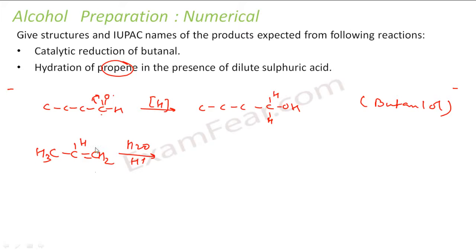The Markovnikov rule says that the carbon with the least number of hydrogens will add OH. So here this carbon has the least number of hydrogens, right? So here you'll add OH, here you'll add H. So what you get is CH3, CH with OH, and CH3. This is my propan-2-ol.